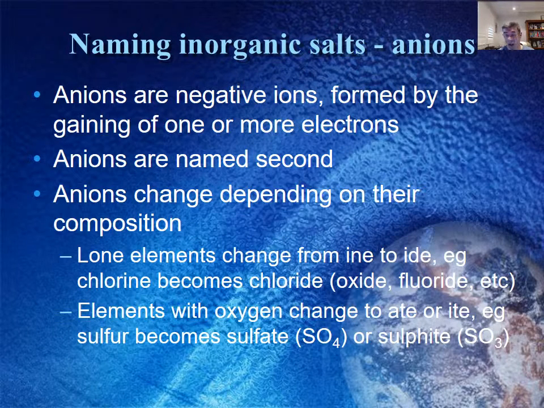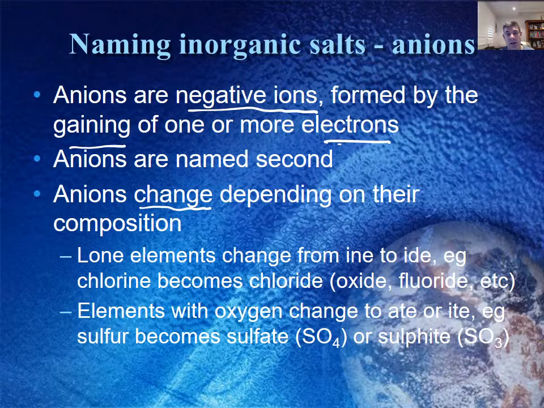As far as the anions are concerned, the anions are the negative ions, and these have been formed by the gaining of one or more electrons. When we're talking about inorganic salts, the anion is the second part of the name. And the name will actually change depending on the composition.